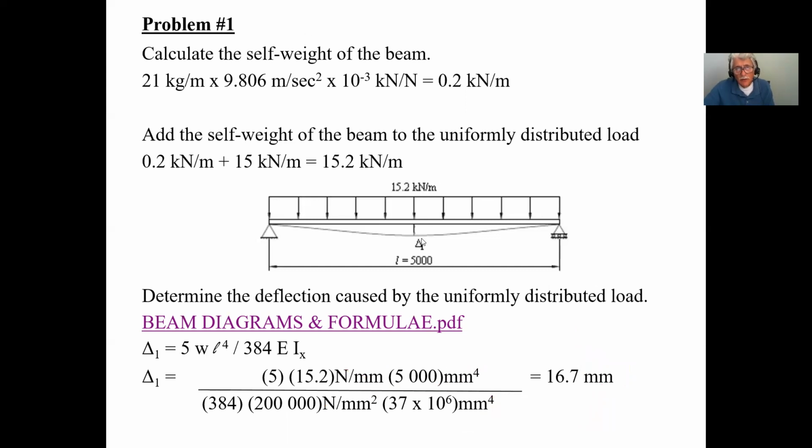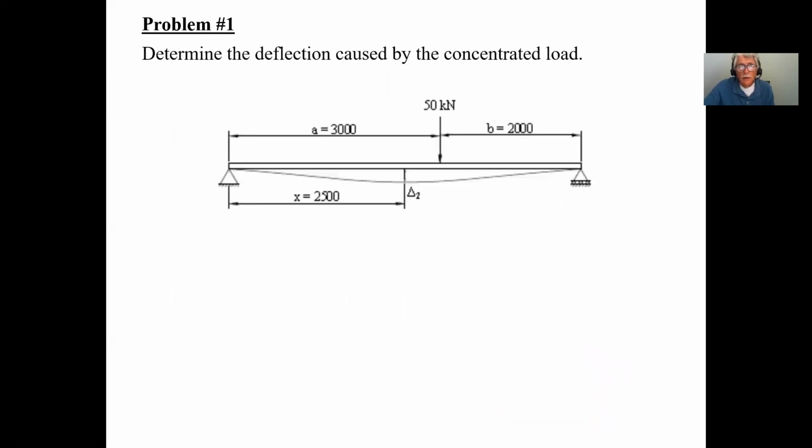Now I've calculated this deflection caused by the distributed load, and what I want to do now is this: I have formulas that can calculate the deflection at any point, but since I'm calculating the deflection at this midspan, I also want to calculate it right here for this load.